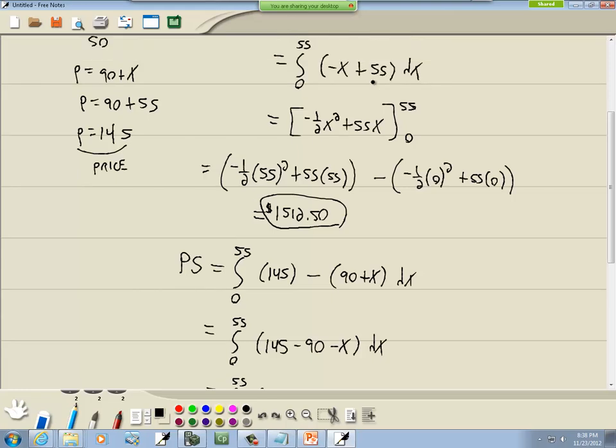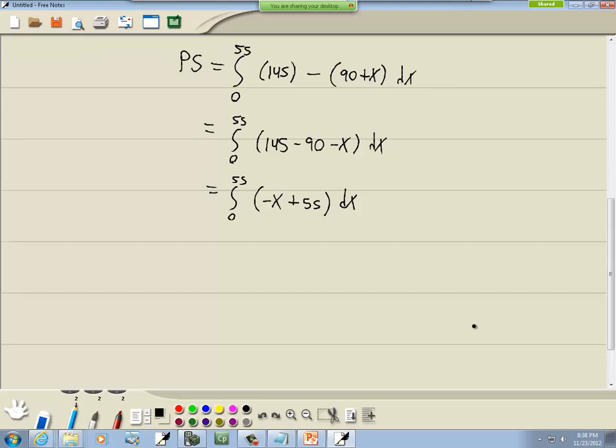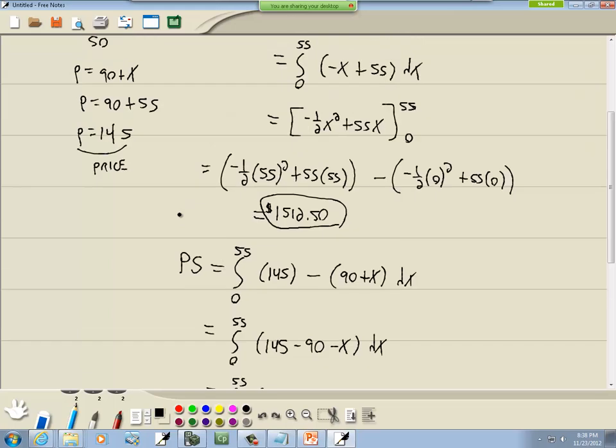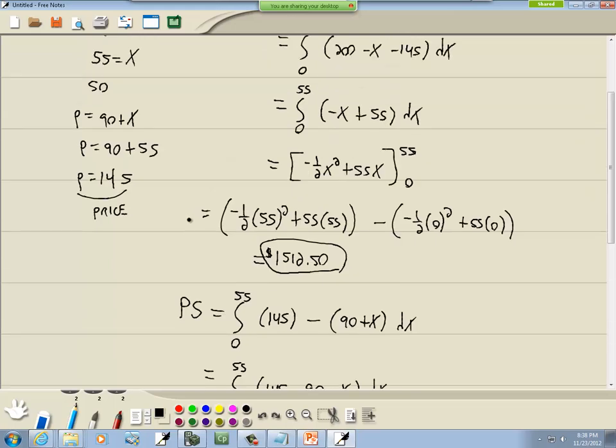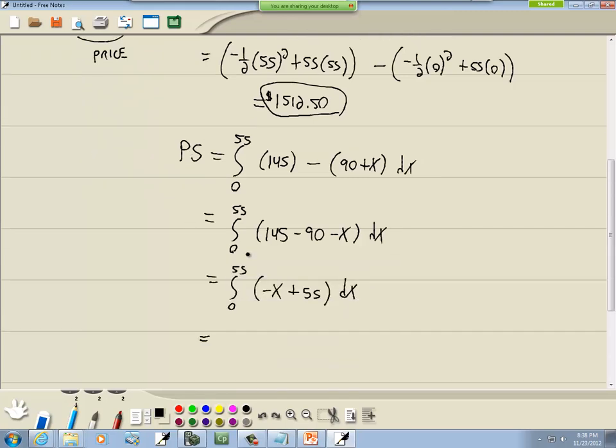That one actually matches, doesn't it? Which implies, does it match exactly? It does. Which implies I don't have to even do the rest of it. This is going to be the same value.